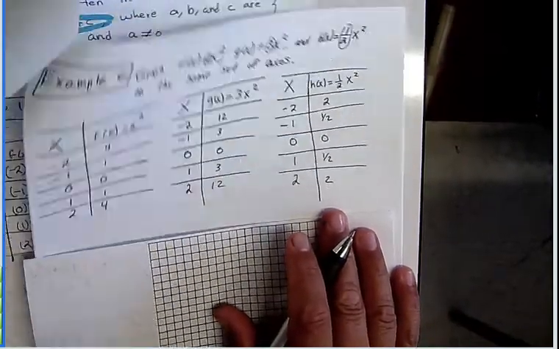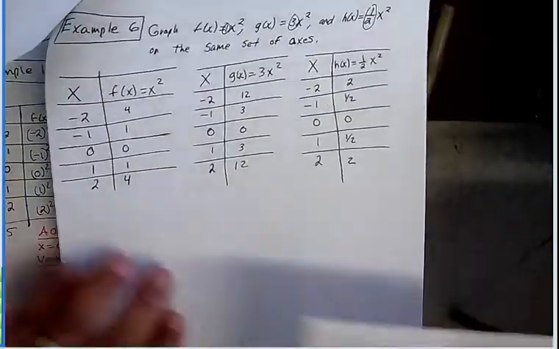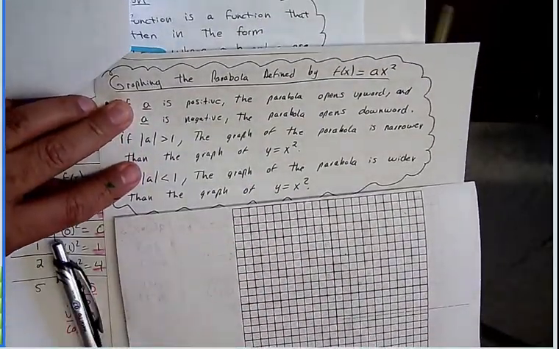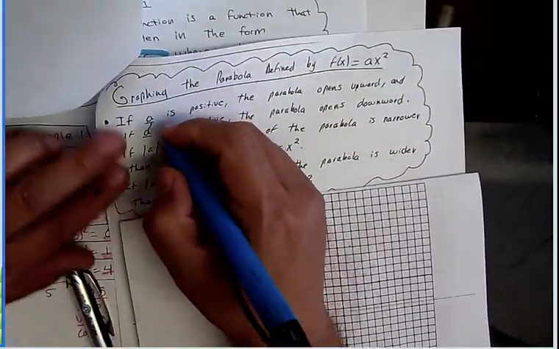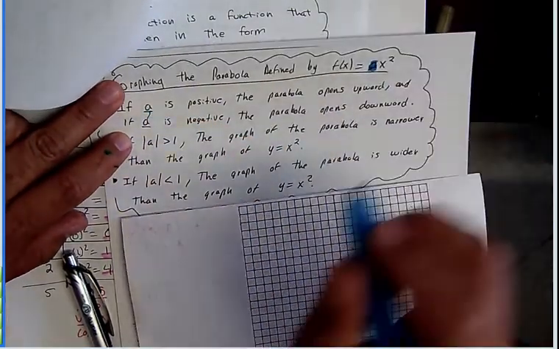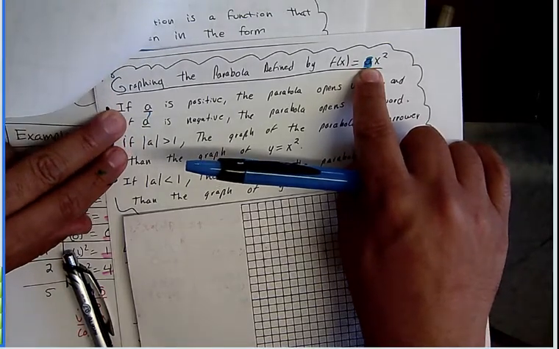On the notes, I think I posted these notes. On the notes, I wrote what everything means for the a. So the a is the leading coefficient for any quadratic equation or function.